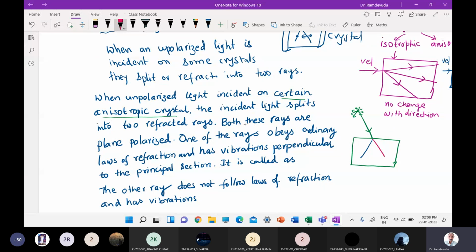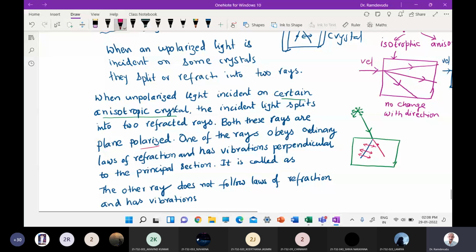Both these rays are plane polarized, even though unpolarized light is incident. One will have vibrations like this, and the other will have vibrations only perpendicular to the plane.